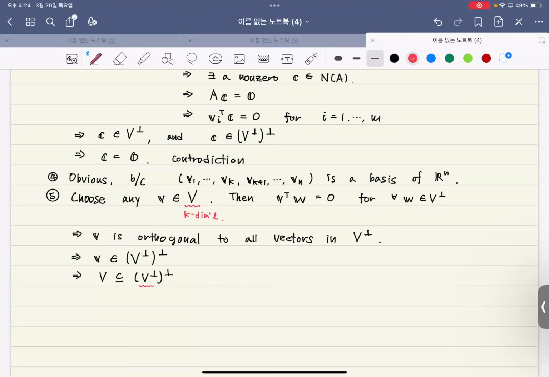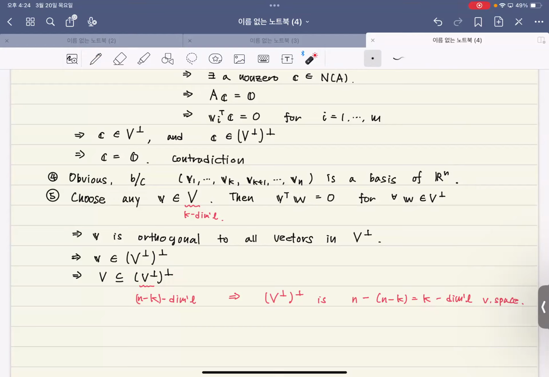Now, this is an n minus k dimensional vector space, okay, right? Then for V perp and perp, the ambient vector space is always Rn. So n minus (n minus k) is k, a k-dimensional vector space. All right. So V perp and perp is a k-dimensional vector space.